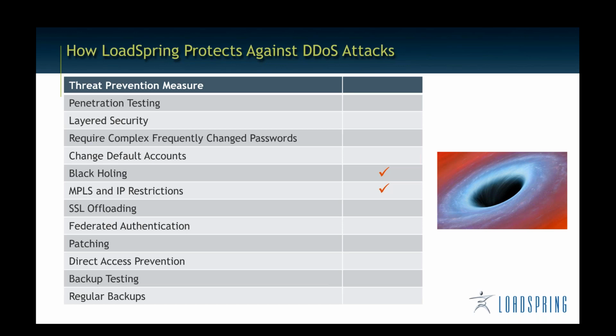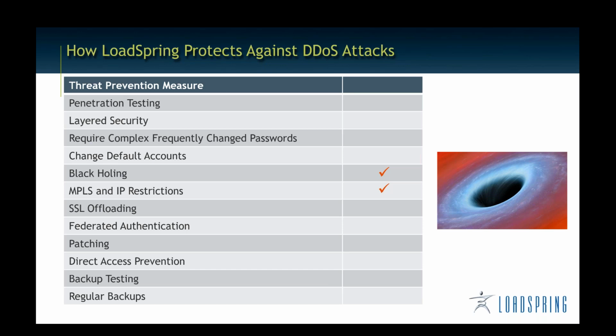We also partner with our ISPs so that we can detect and black hole that traffic before it even gets to our bandwidth or our internet pipes and saturates them. And so what will happen in those scenarios is they will effectively just take all of the traffic that's coming from these bots and send it into a null route instead of sending it on to LoadSpring's services.